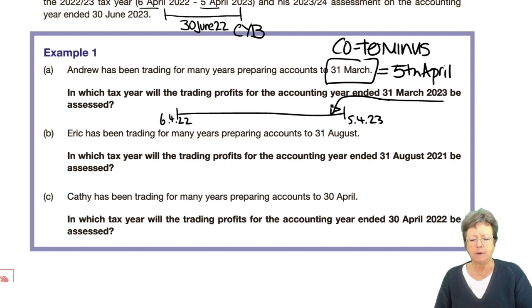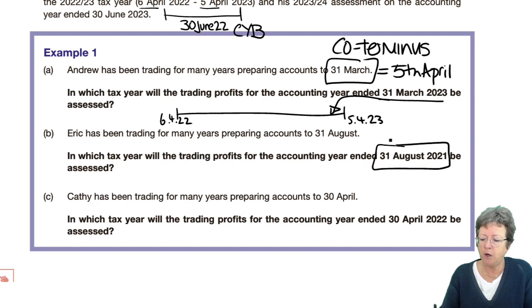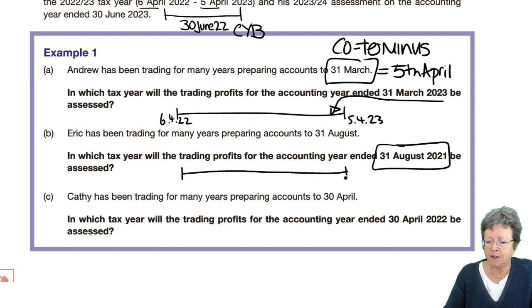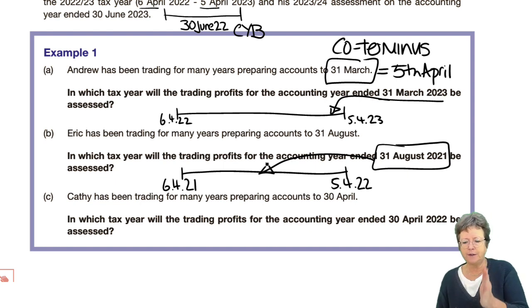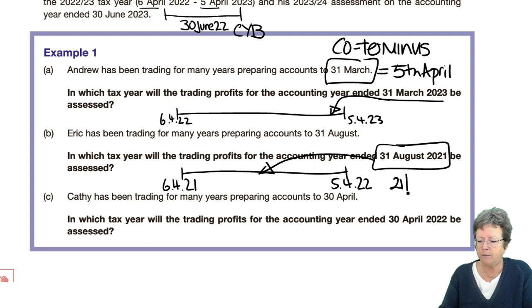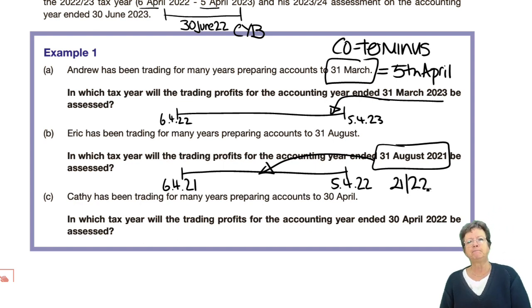Okay, now B. Eric has been trading for many years and he prepares accounts to the 31st of August. 31st of August 21. Well, that fits in a tax year, but it fits in this tax year. It fits in 21/22, somewhere about there, between the 6th of April 21 and the 5th of April 22. So it falls in the 21/22 tax year.